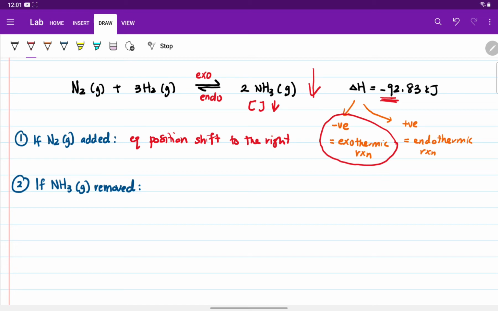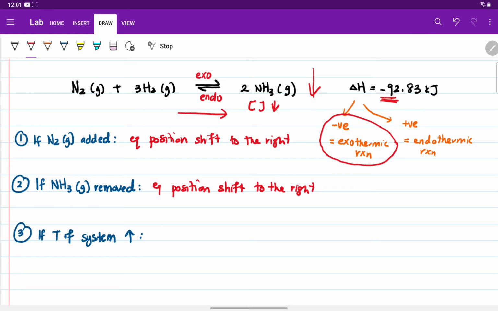Jadi again, concentration will always shift from higher concentration to lower. Okay, so again, equilibrium position akan ke mana? Since sebelah kiri yang banyak, dia akan shift ke kanan. So, kita akan tulis equilibrium position shift to the right. Okay. Settle untuk the second one.